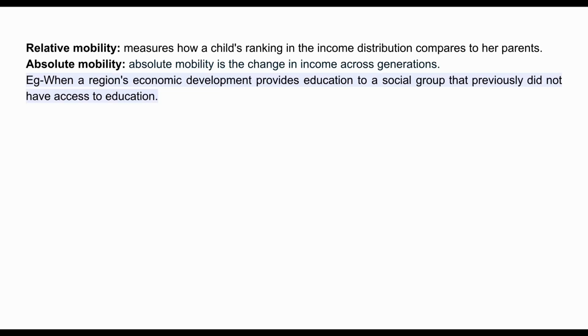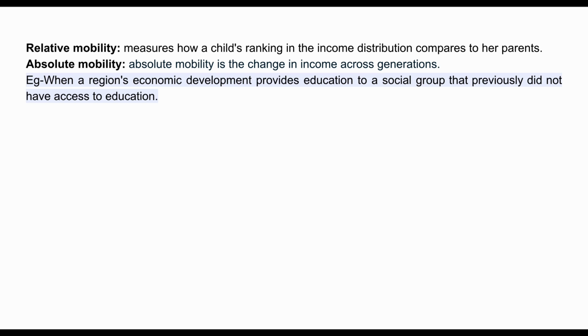Let us get into relative and absolute. I think this is the last one. Relative means again comparison. With whom are you comparing? You are comparing with your parents' income. It is a measure of how a child's ranking in the income distribution compares to her or his parents'. And absolute: earlier in the relative you compared between your parents and yourself, but now it is about comparing across the generations.